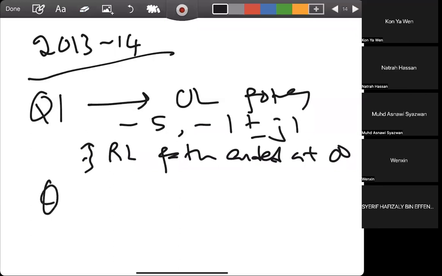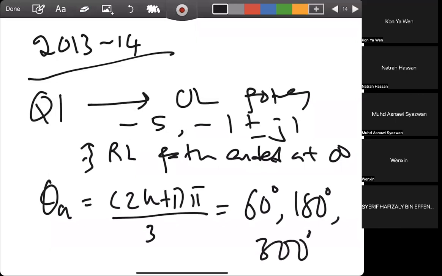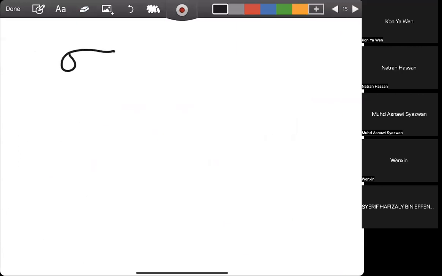Theta A, using the formula (2k plus 1) times 180 degrees divided by 3 poles, gives you 60 degrees, 180 degrees, and 300 degrees for the angles of the asymptotes.